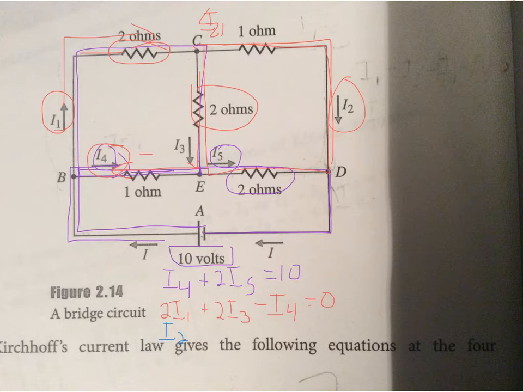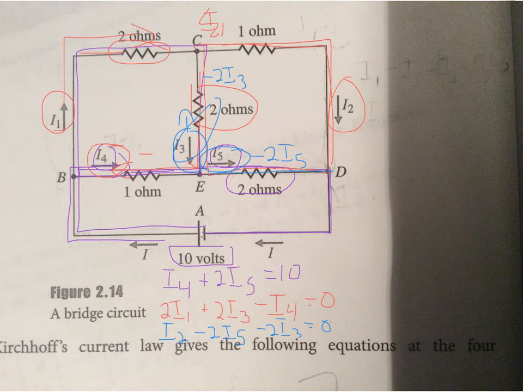And then I5 goes across the 2 ohm resistor, but the wrong direction, so that's going to be minus 2I5. And then I3 is going the wrong direction, so it's going to be 2 times I3, which is minus 2I3, coming back up to C. So that's the third of our voltage law equations, and then you put them into your matrix and you solve.